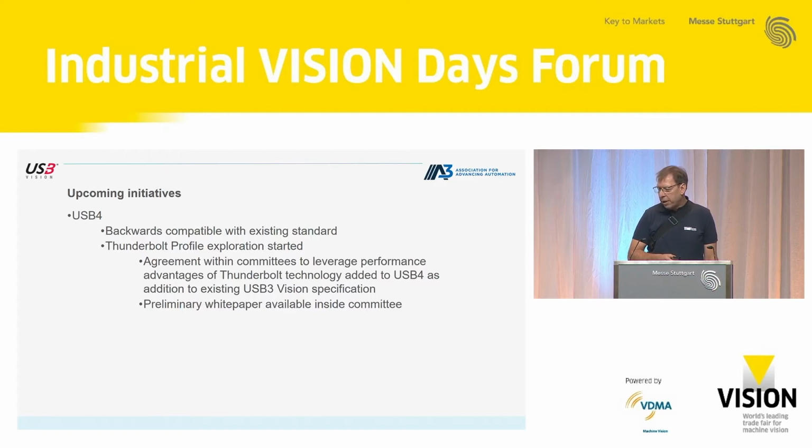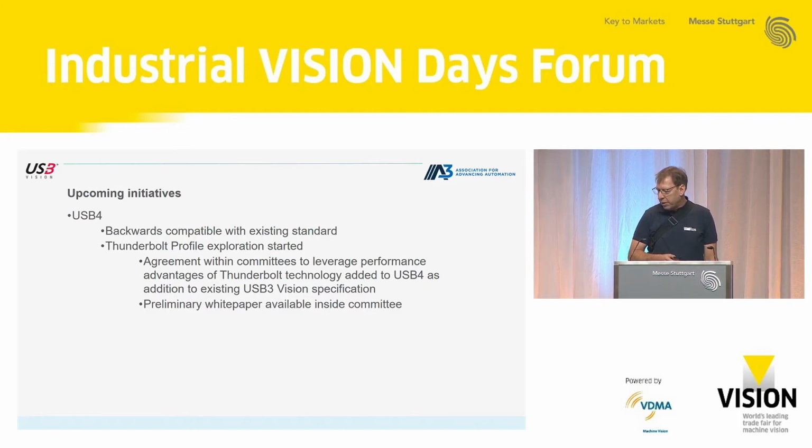And this allows us to define a new protocol based on USB 4, which basically uses PCI Express, which gives us much more flexibility in the way we transport data and overcomes some of the current limitations of USB 3.